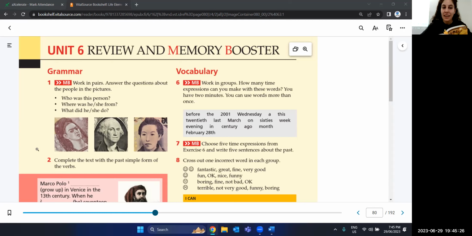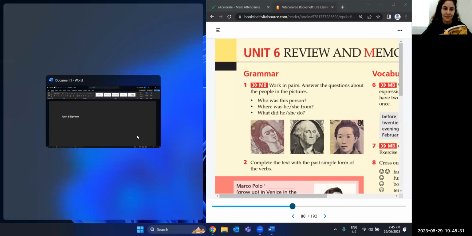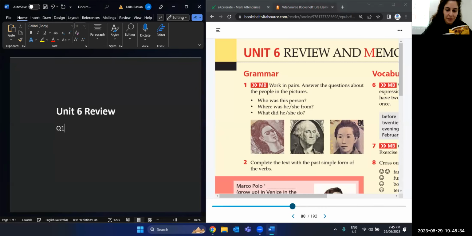Number 2. Do you remember this man? Who's number 2? George Washington. So let's write full sentences.